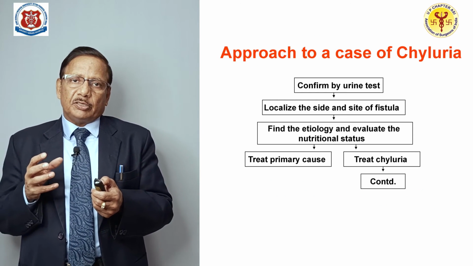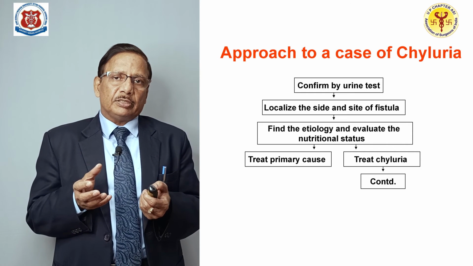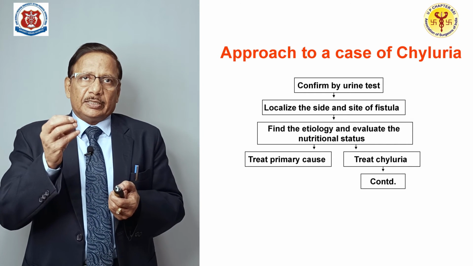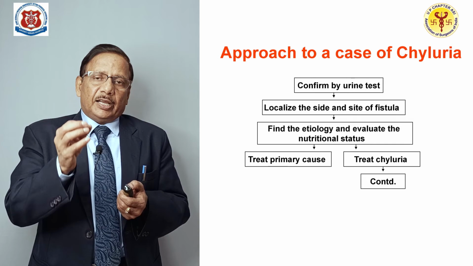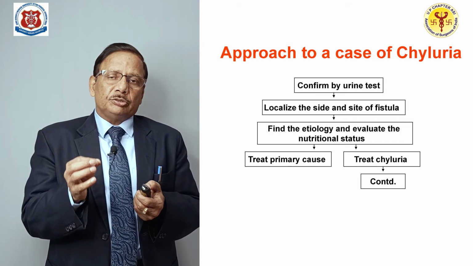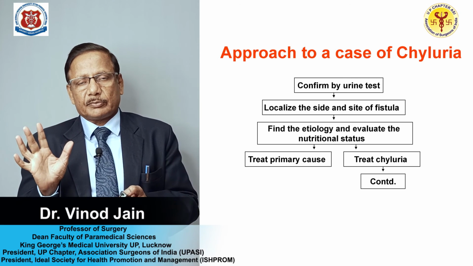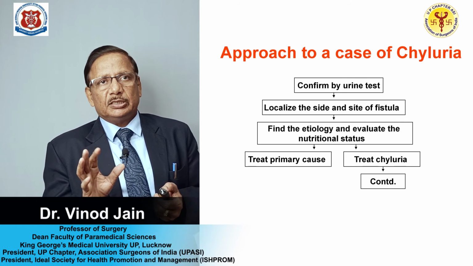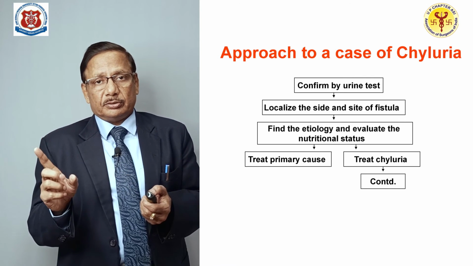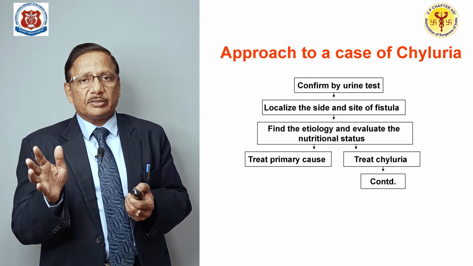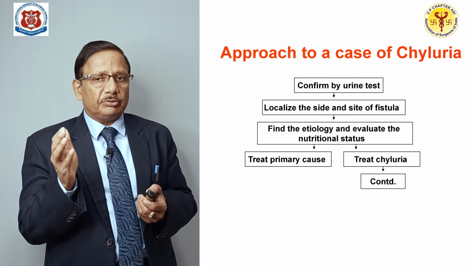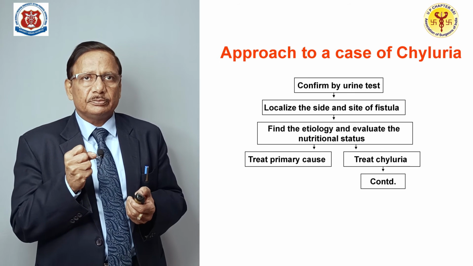Follow this chart carefully. This is a summary of whatever I have told you as far as the treatment is concerned. Initially, as soon as the patient comes to you, you need to confirm by urine test that it is chyle. Once it is confirmed, step 2 is to localize the site by the procedures we explained previously in part 1.